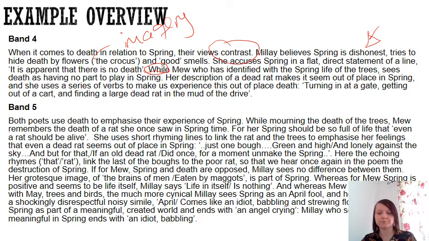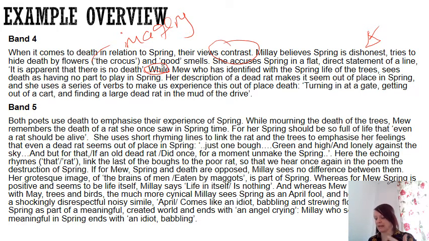And then we've got the Band 5 response here, where it states that both poets use death to emphasise their experience of spring. While mourning the death of the trees, Mew remembers the death of a rat she once saw in springtime. So notice how they're all picking up on this rat imagery, okay? So clearly a really important focal point.